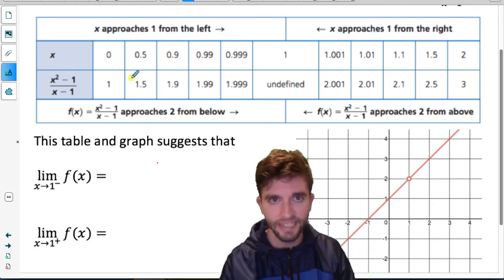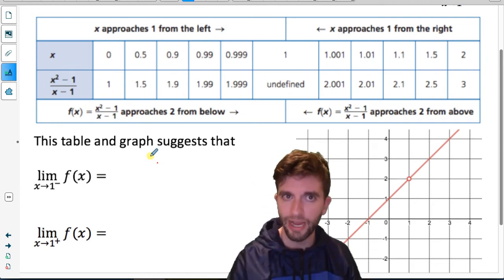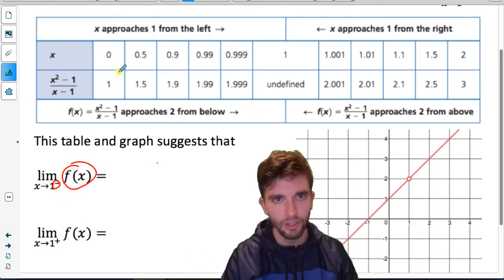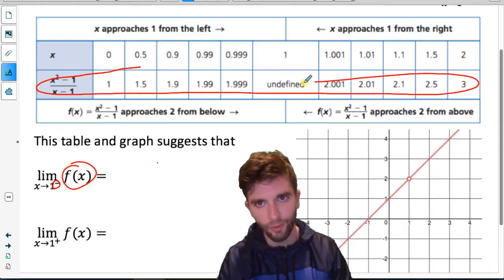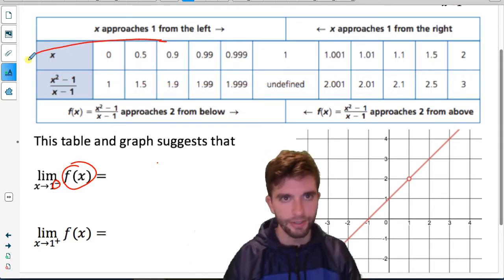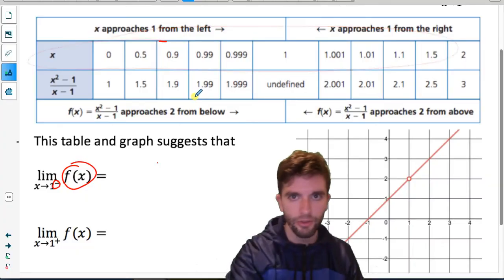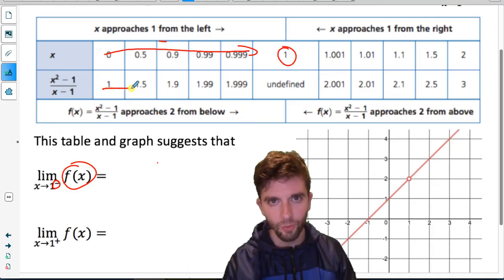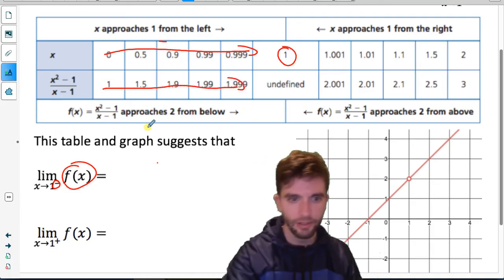So I actually have a table filled out for you here to help you see what's happening. So as we approach an x value of 1 from the left, what's happening to the y values? Well, here's a row of the y values, and here's a row of the x values. So as I approach an x value of 1 from the left side of 1, what do you think these y values are approaching?